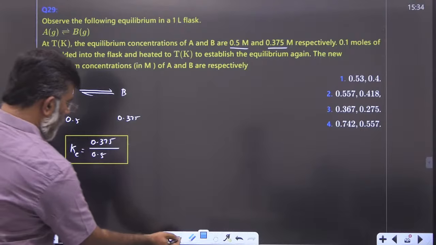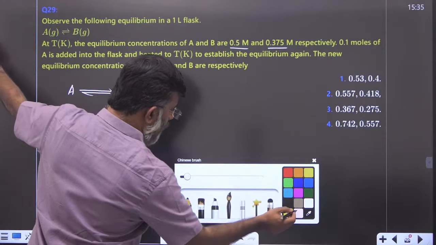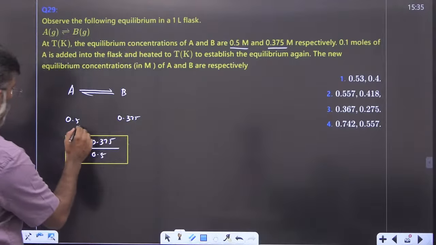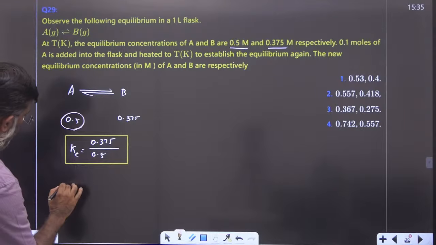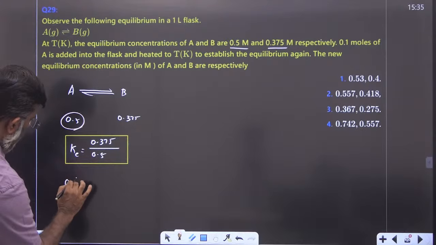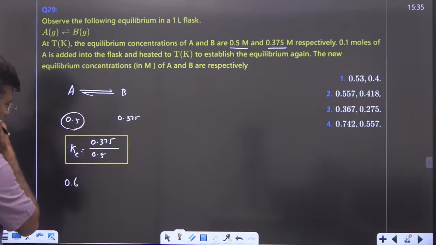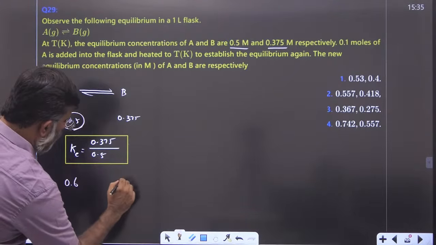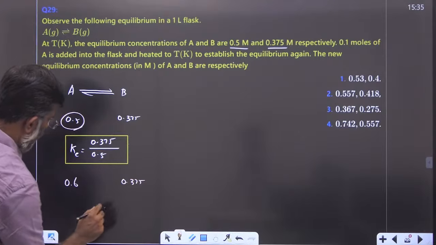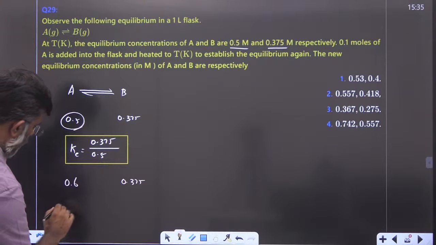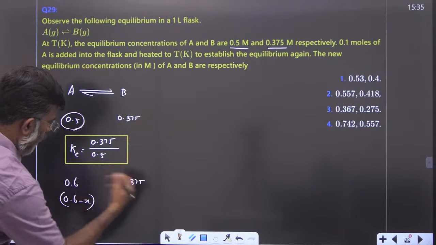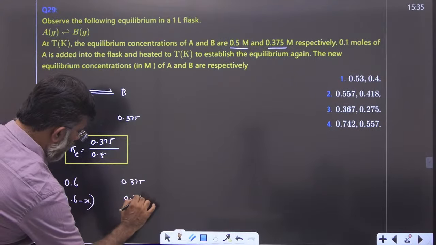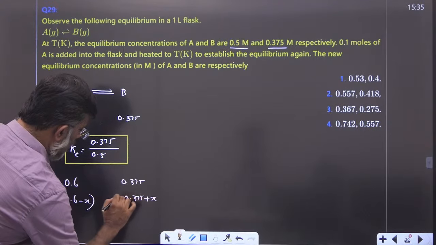So the new quantity of A is 0.6, and here it is 0.375. It attains a new equilibrium. It will be 0.6 minus X, and here 0.375 plus X.